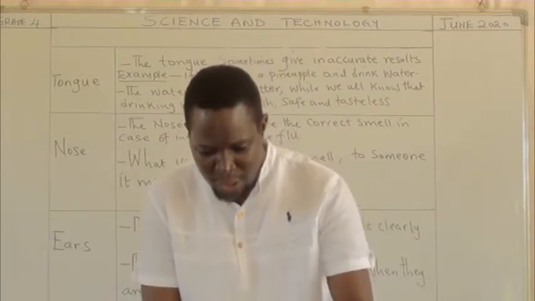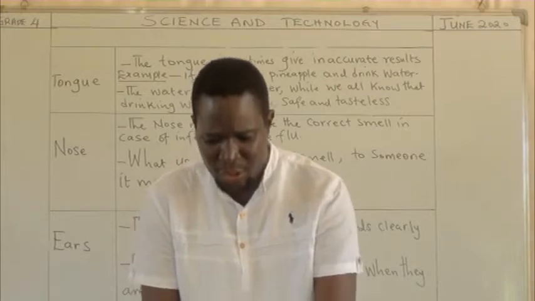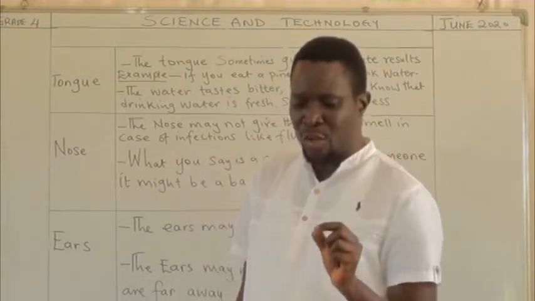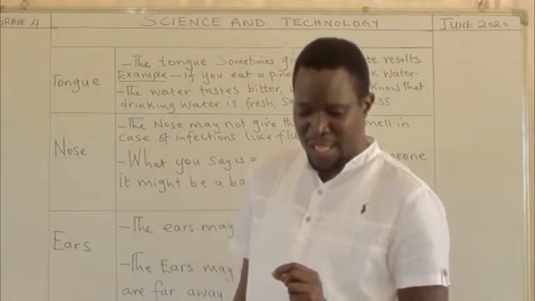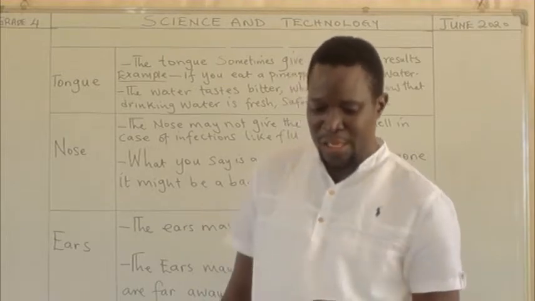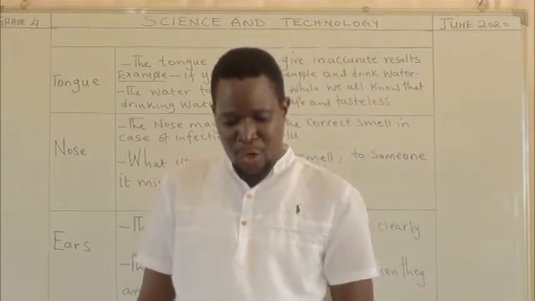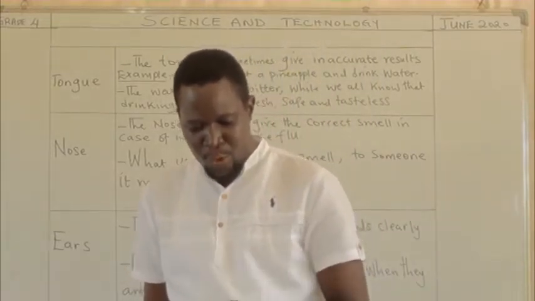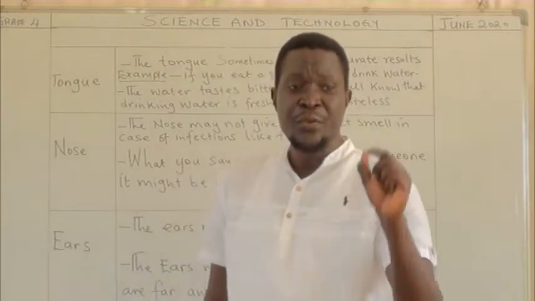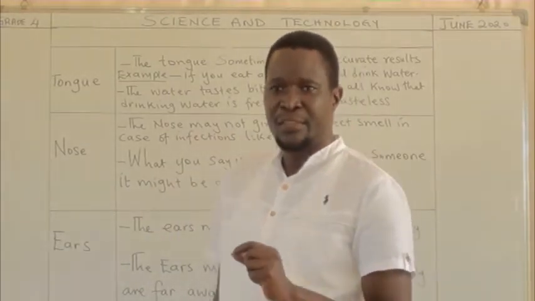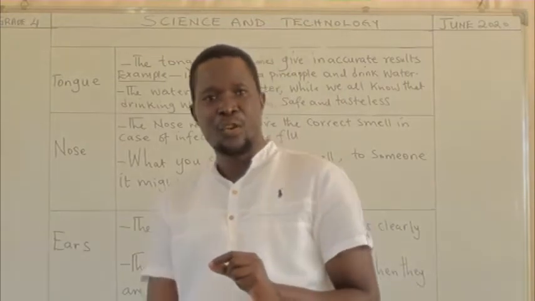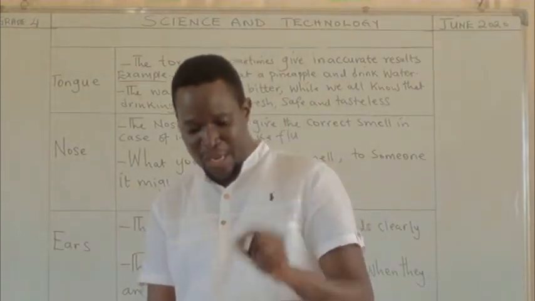So the limitation of the eye is that it cannot give the actual length of measurement. That is 1. 2, the eyes cannot see very tiny objects. Tiny objects can only be seen by the use of a microscope.